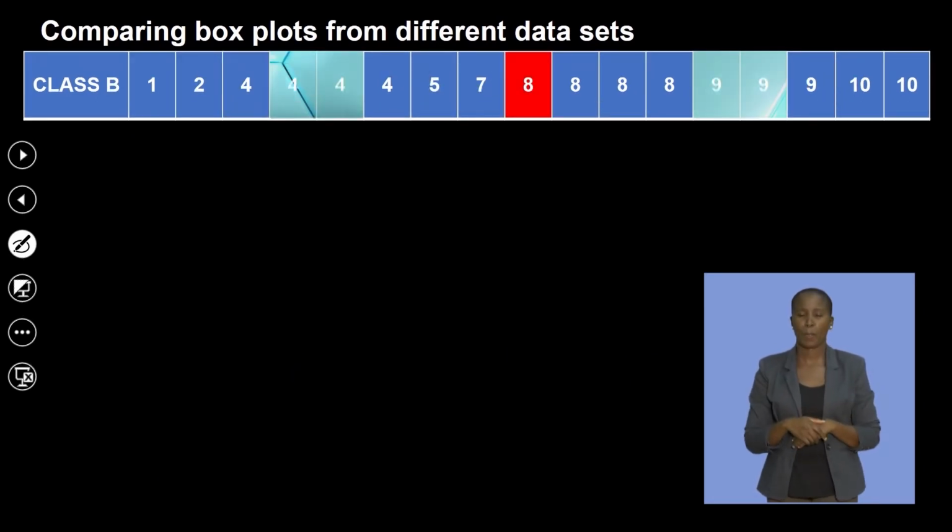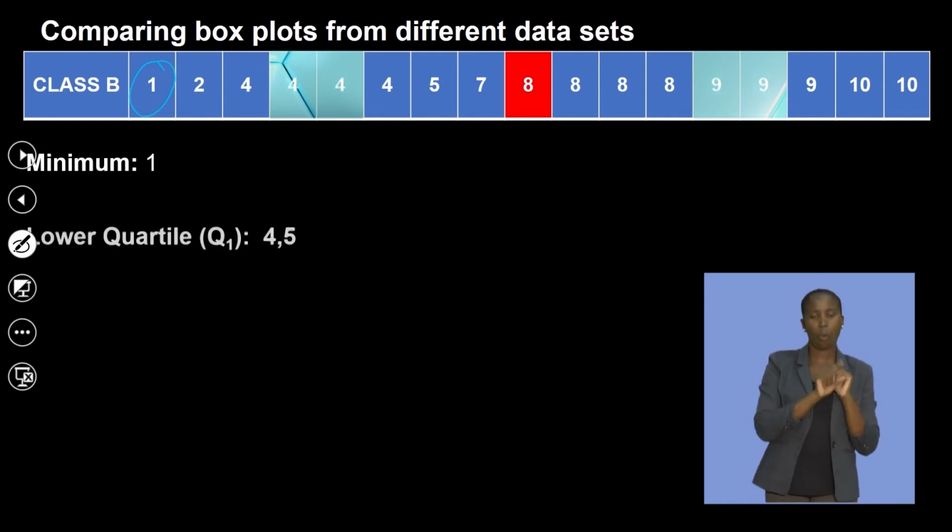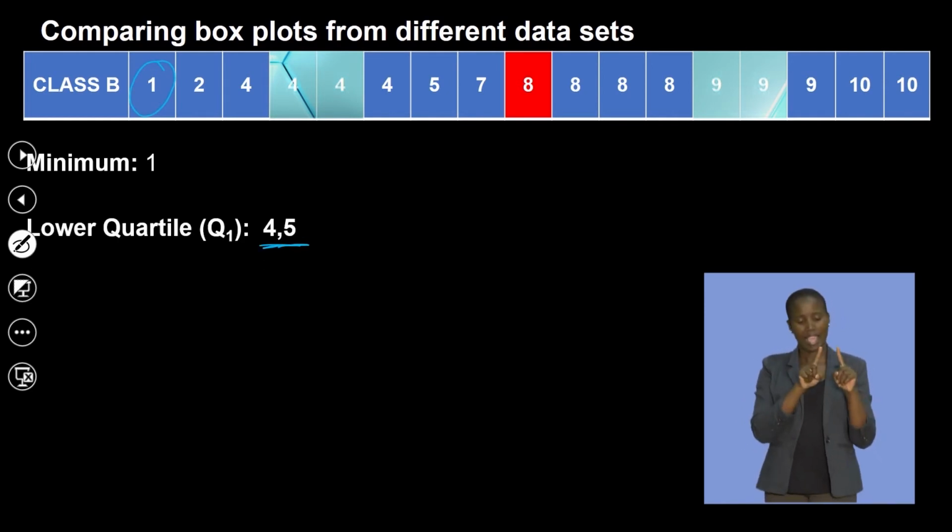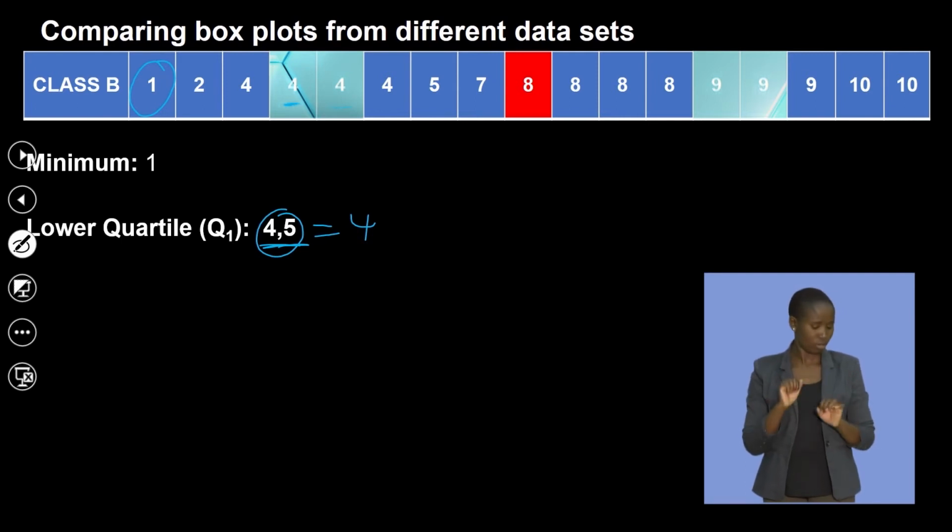So for class B, the minimum value is 1. The lower quartile Q1 is between 4 and 4. So 4 plus 4 divided by 2 should be 4. Yes, that's correct, it should be 4.